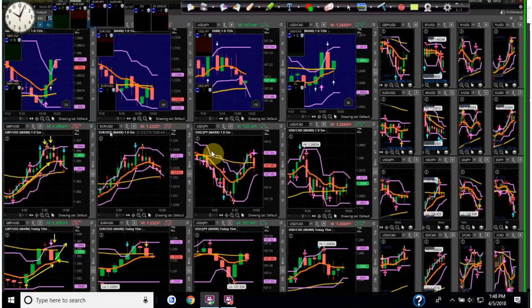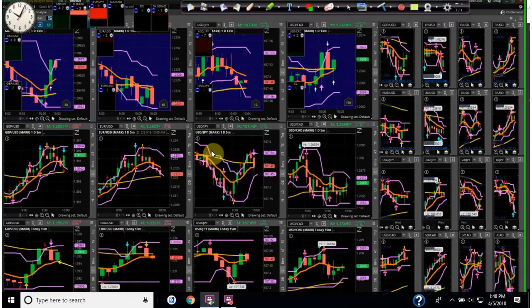Let's see. There's 2 trades for 5 pips. Oh yeah. Okay, the blue winning. I'm trying to get into another trade to the upside. So I almost want to take it at the 55.